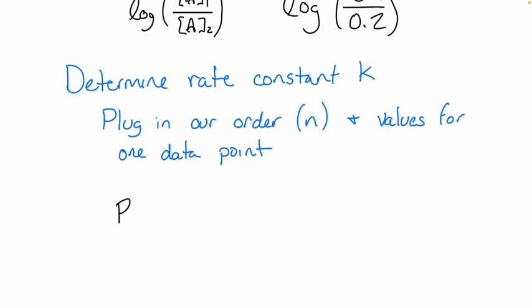All right, so I know that this reaction rate is equal to K times the concentration of A to the power of 0.